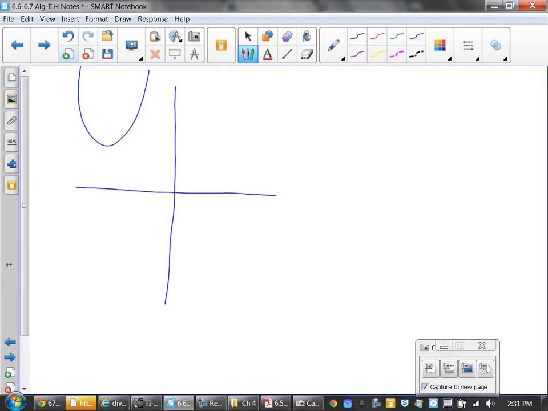New word. What does this look like if it touches at one spot? It has 1 zero. Let's say the 0 here is at negative 3. If the 0 is here at negative 3, what's its term?